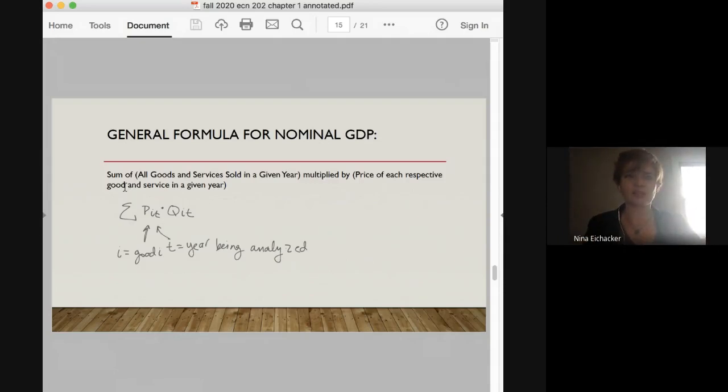This symbol that looks like an E is the symbol that says sum of. The price of all goods, where I is a stand-in for any number of goods you could have, in year t, the year being analyzed, multiplied by the quantity sold of each particular good in that given year.